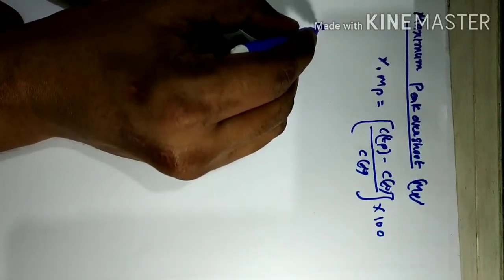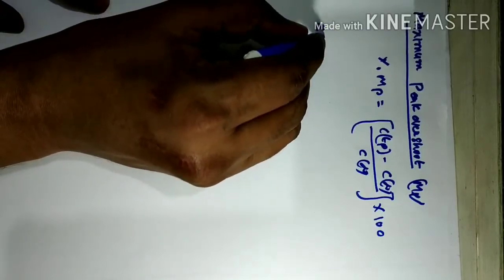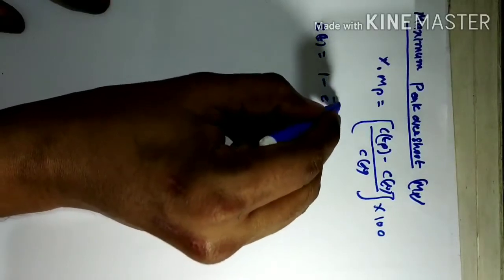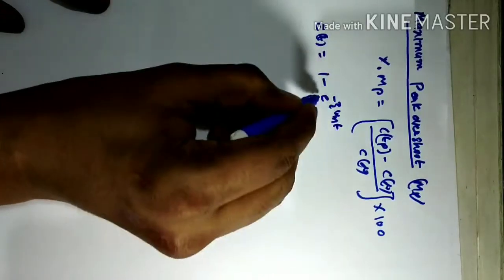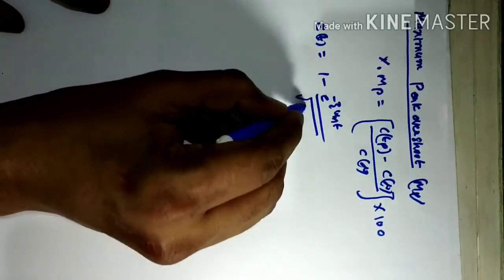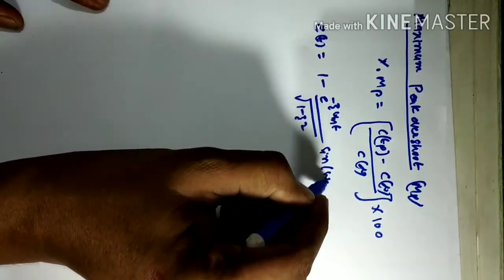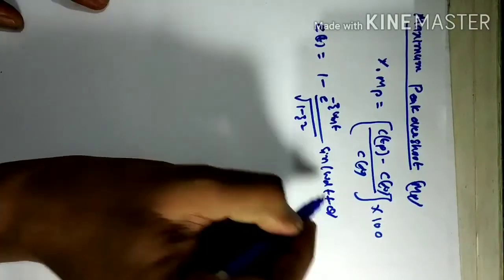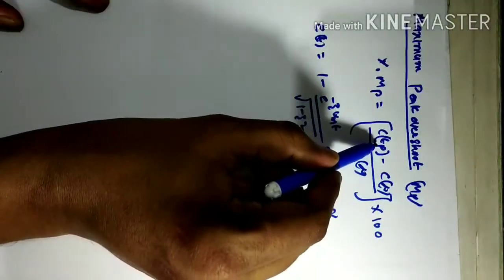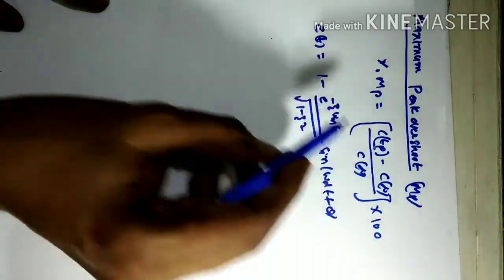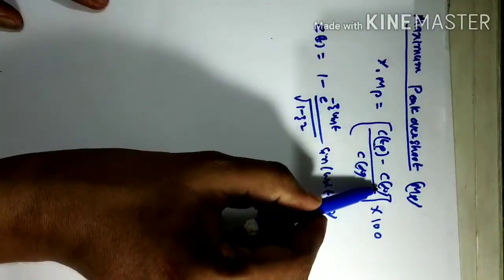We have the expression c(t) is equal to 1 minus e raised to minus zeta omega n t by root 1 minus zeta square sine (omega d t plus theta). Here we substitute t is equal to tp in this equation and t is equal to infinity.